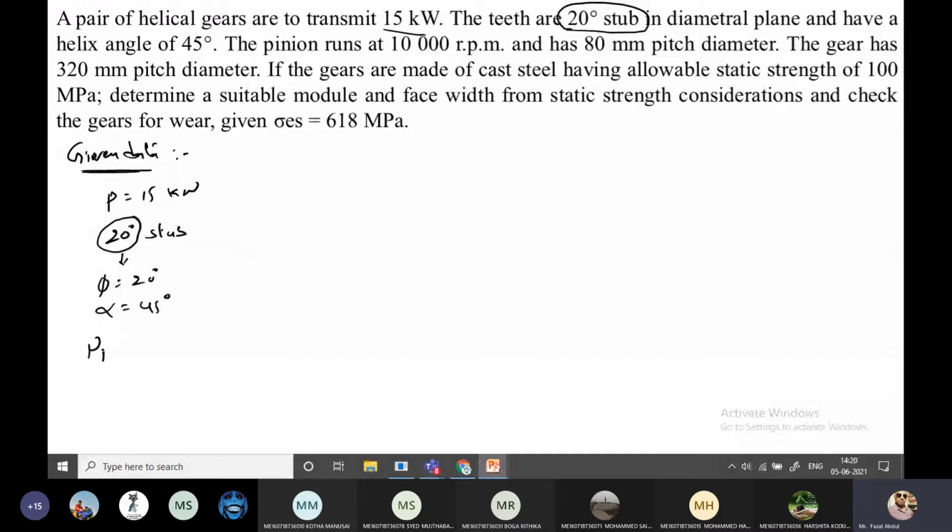Pinion rotates, NP value, 10,000 rpm, and the pinion has a pitch diameter dp of 80 mm, and the gear is having dg, its pitch circle diameter for gear, 320 mm.